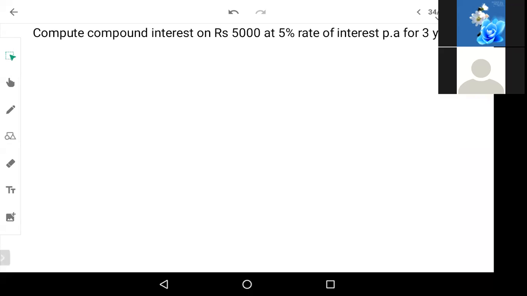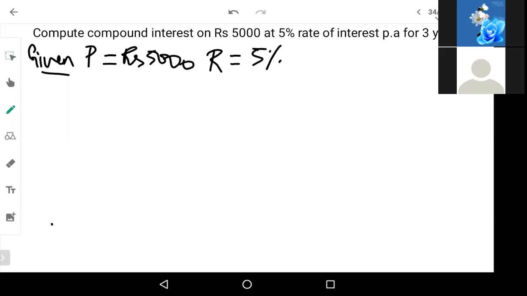So here they have given us the principal, rupees 5,000, at the rate of 5% interest. 5% is per annum. And what is the time? Time is 3 years. Direct question where all the information is given. We just have to apply the formula and find the answer.